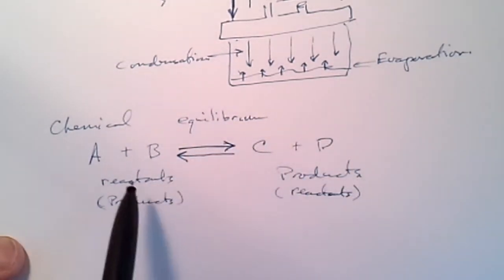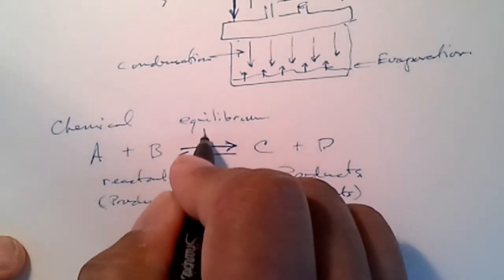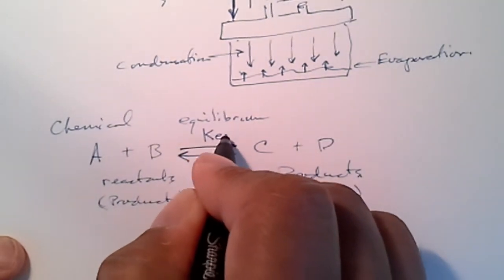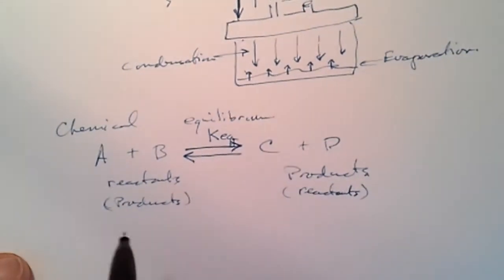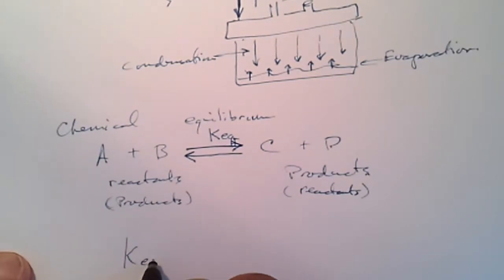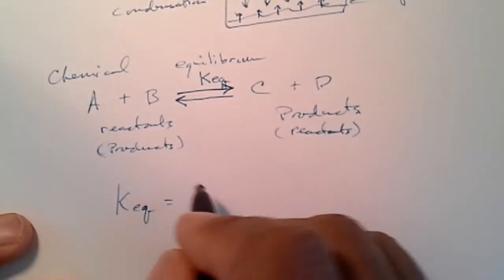And so this equilibrium that forms between A and B and C and D occurs at a value that we call K, or KEQ, for the equilibrium. And KEQ is equal to the product.